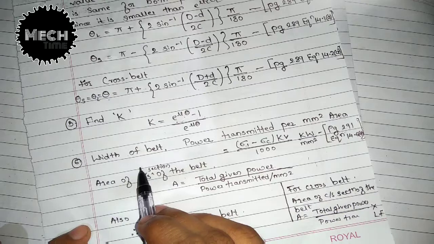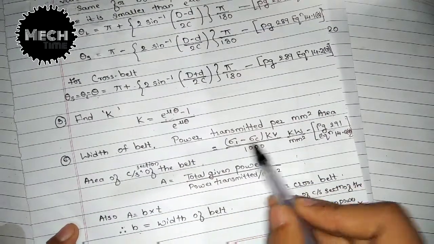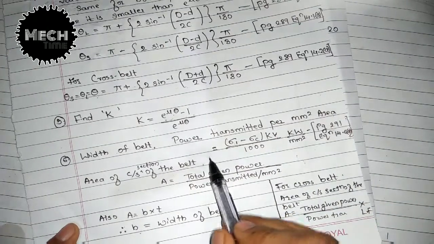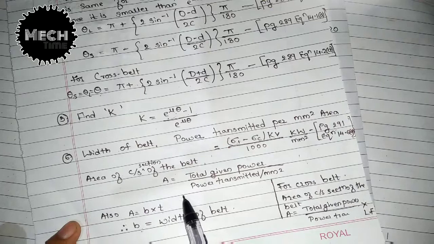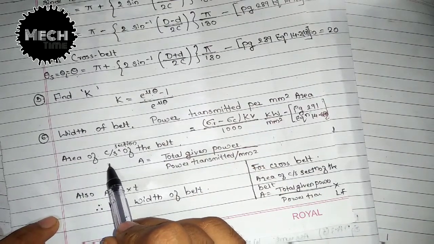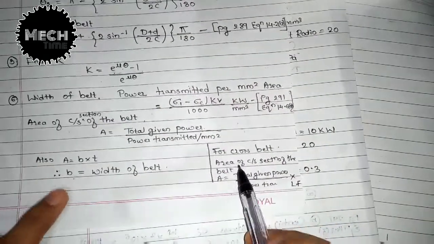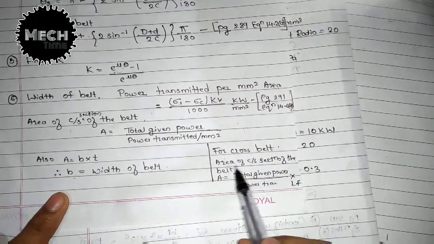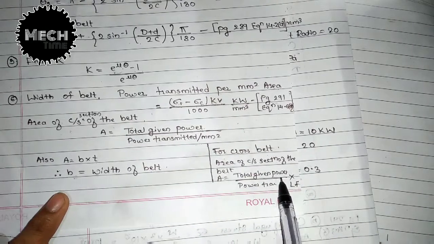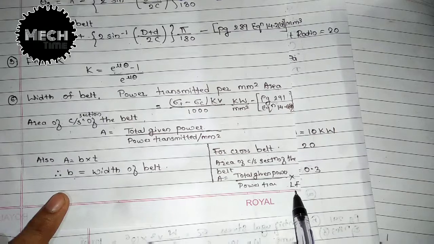Now we need to go with the width of the belt. For that everything is there, then you'll be getting this, and then A is equal to, for this guys, last time for a flat belt we took this formula, and you just note down for a cross belt: area of cross section of the belt A is equal to total given power divided by power transmitted per mm square into load factor.